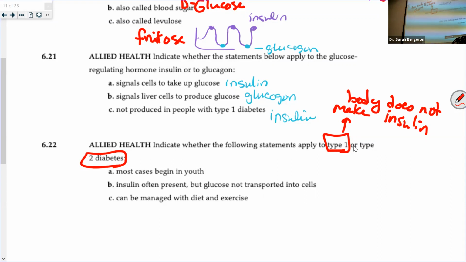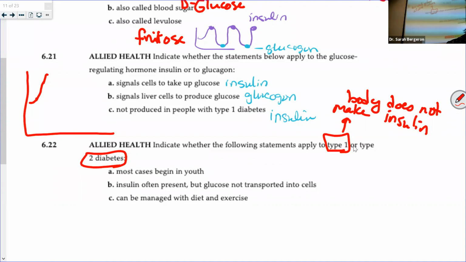In type 2, your body makes the insulin, but your cells don't recognize it. So what's the point of insulin? I was so excited, we had a crawfish boil and I ate crawfish. I had some potatoes in that boil, so we had some carbs in there.